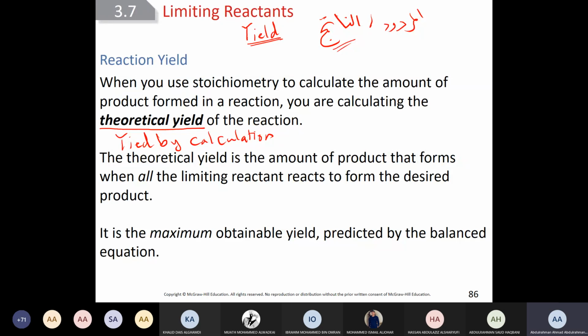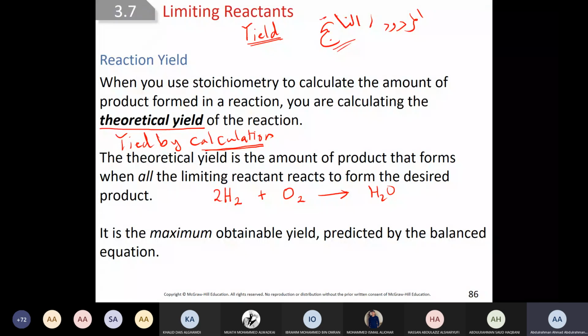And when we say theoretical yield, it is a yield by calculation. This means, let's assume that I have H2 plus O2 to give you H2O. What's the first thing you must do? Balance the equation.